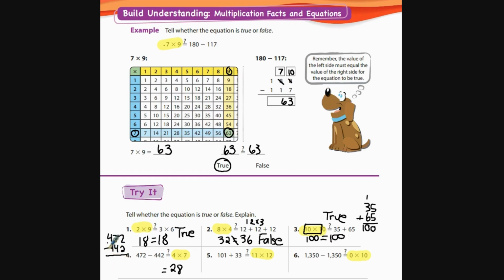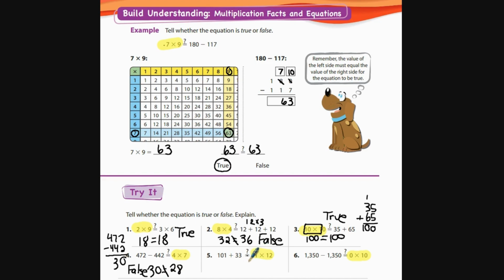I could tell right off that it's probably not, but let's see. 2 minus 2 is 0. Well, that's not an 8. I'm going to keep going. If I have 7 and I take 4 away, I get 3. Well, that means that's going to give me 30, which is not equal. So we're going to name that one false because it is not an equal statement. One side is not equal to the other.